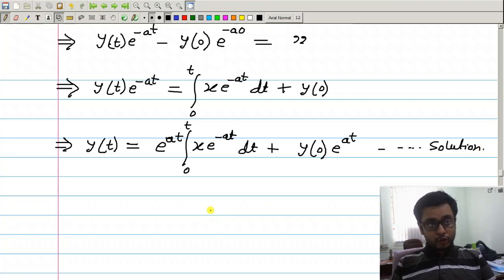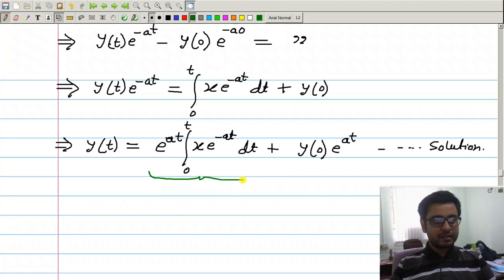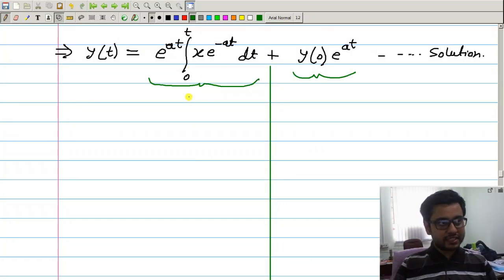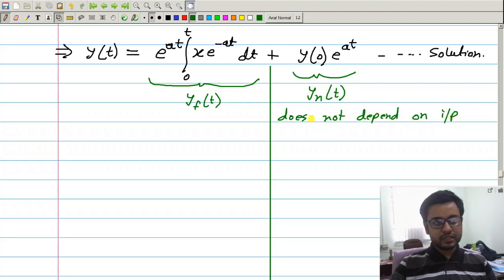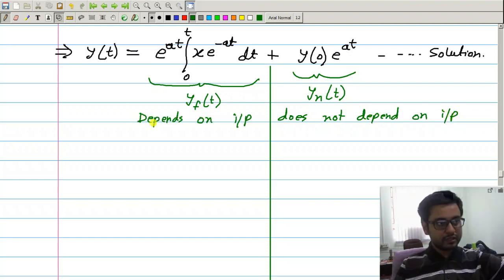Now note that this solution has two terms, one here and another here. Let me call this term yf(t) and this as yn(t). Now you note that yf(t) depends on input.